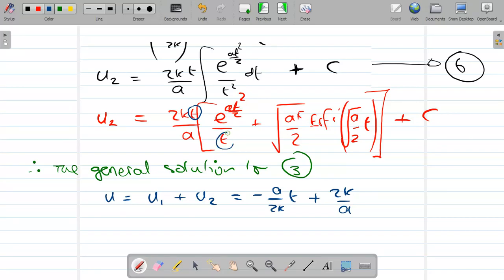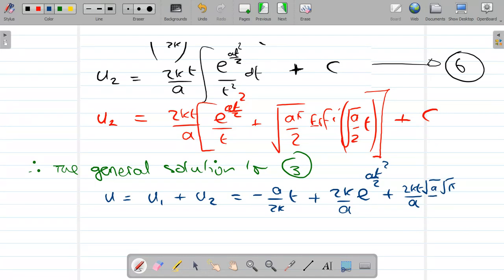That t cancels with that t, so we're left with e to the at squared over 2 plus, we'll write it out in full, 2kt over a times the square root of a times the square root of pi.